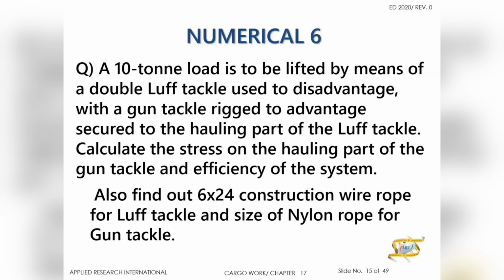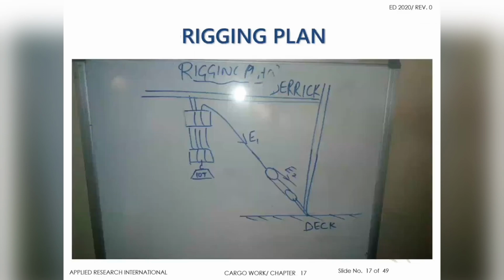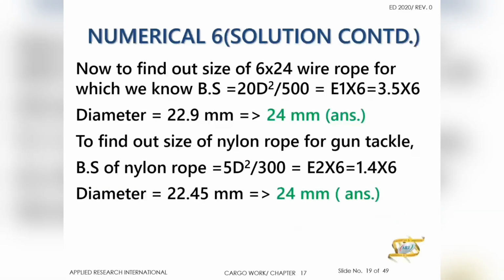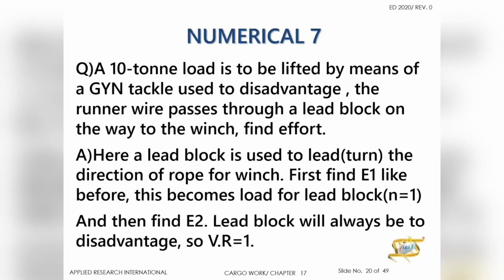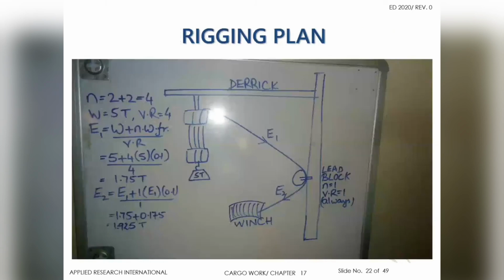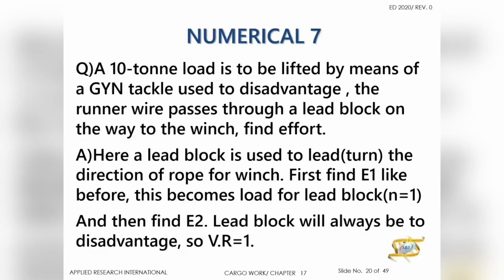Yes sir. Very good. Now we have to do one more type of question, one more typical question, with a slight new twist, that is numerical number 7. What is the new twist? Nothing big, read it once, son. A 10-ton load is to be lifted by means of a gin tackle used to disadvantage. The runner wire passes through a lead block on the way to the winch. Find effort.